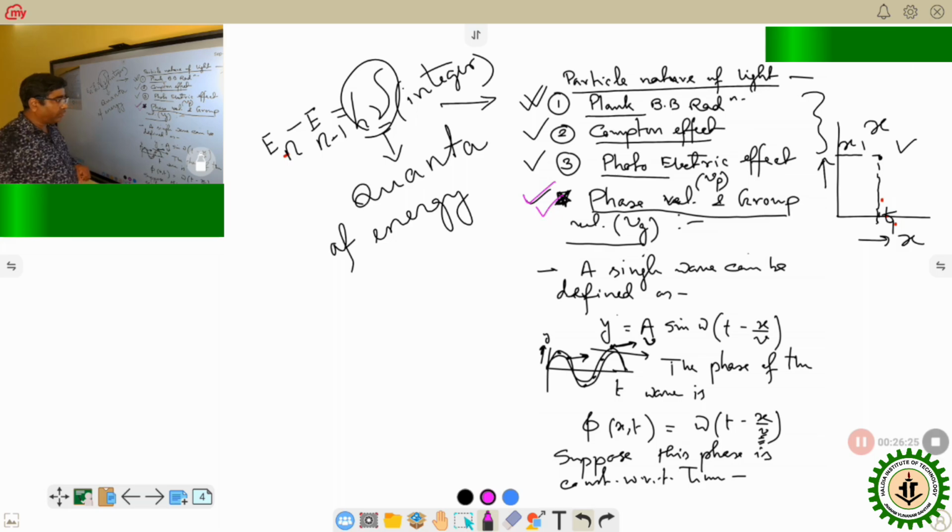Phase velocity is basically the velocity of a particular phase of a wave, or a single wave. A particular phase means, as already shown on your board, I have drawn a wave on which I have chosen many dots. Those dots define different phase points.